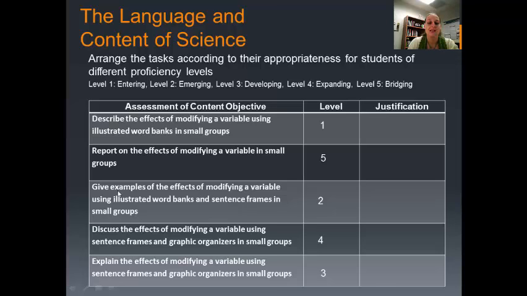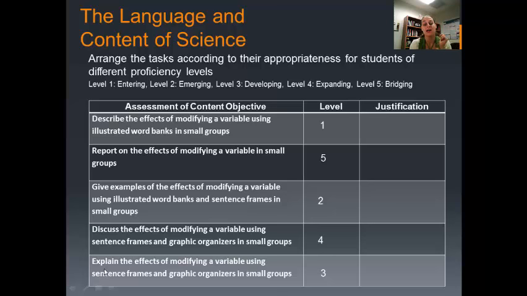Number 2 is give examples of the effects of modifying a variable. Here we see using illustrations and sentence frames in small groups. Give examples is actually a cognitive level above just describing the effects, because now it is more application based, so that's why it represents number 2. Number 3, here we see explaining, right?